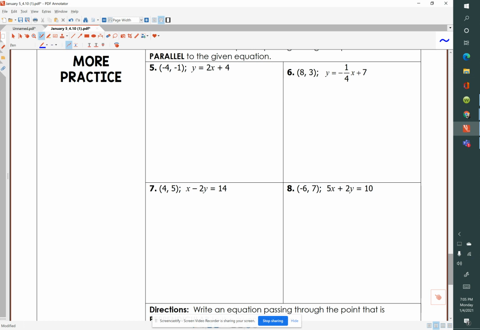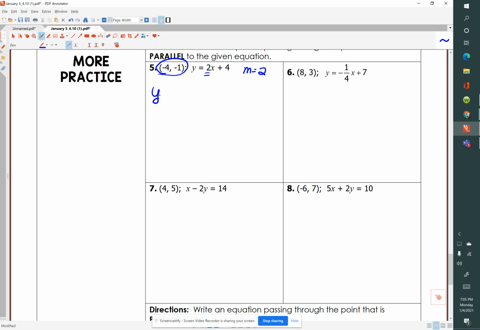Okay, so let's keep working here. We need a line that is parallel to y equals 2x plus 4 that contains the point -4, -1. So I'm going to have to be careful of those negatives, first of all. And I notice that I have a slope of 2.